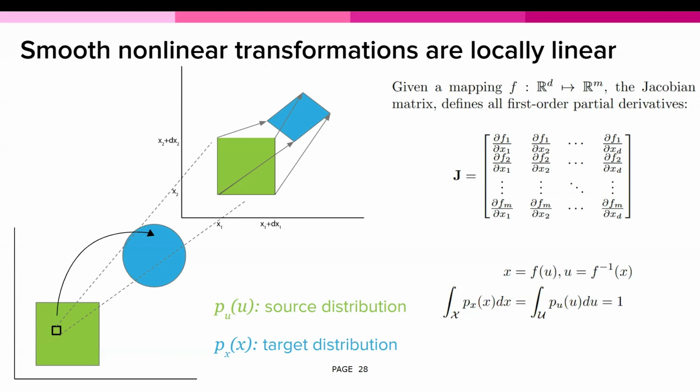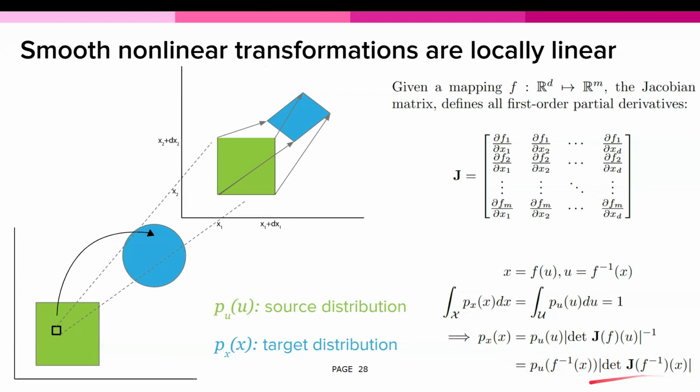To preserve probability mass, therefore, we multiply by the reciprocal of the determinant of the Jacobian of f evaluated at u. And then to compute the exact density P sub x of x, we can exploit the fact that f, as we defined it, is invertible, and apply f inverse to x to obtain u, then evaluate the density under the source distribution, and then scale by the determinant of f inverse.